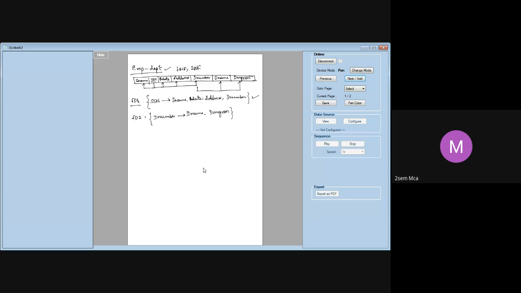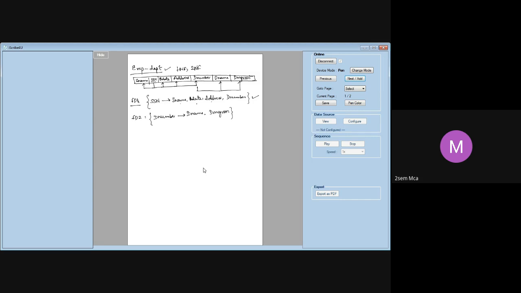Third normal form: none of the non-prime attributes should be transitively dependent on the primary key of the table. Now, if you look at this particular example, the first functional dependency says SSN determines E name, birthday, address, and D number. Correct?